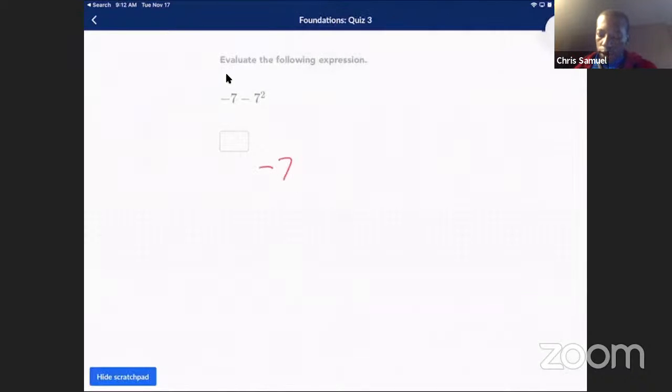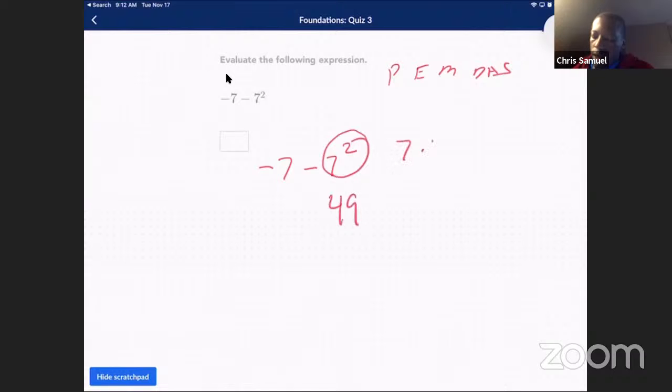So we have negative 7 times negative 7 halves. And then we have, we do exponents first, right? And we do this first, which will just leave 49, because I know that this equals 49.